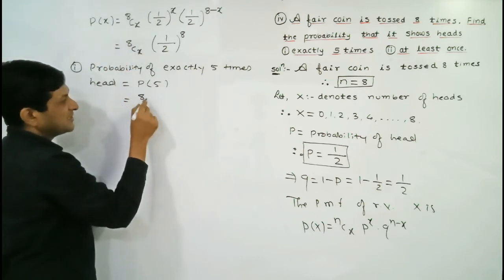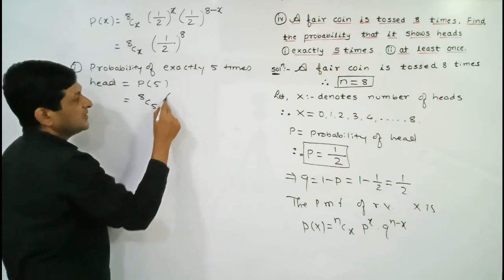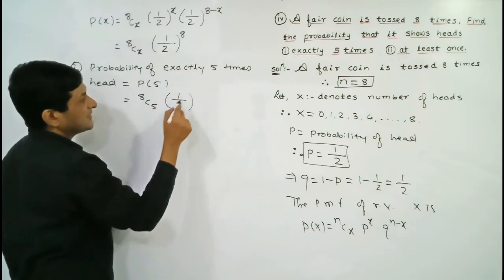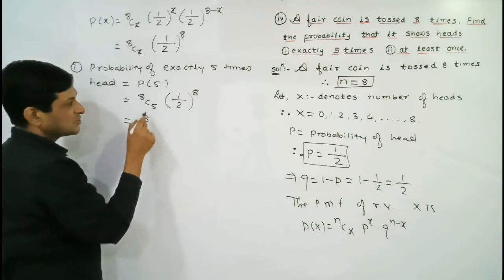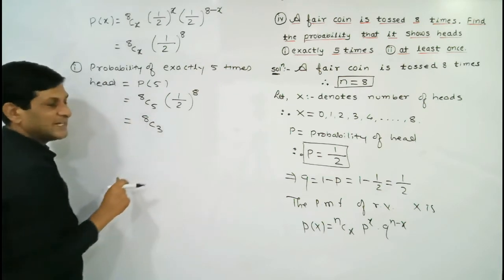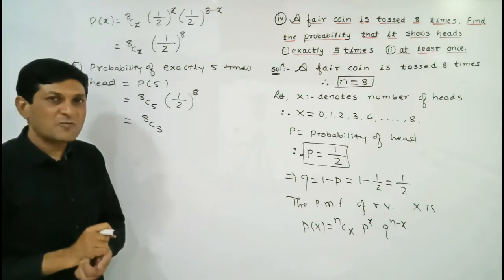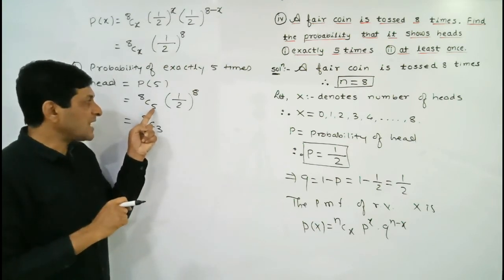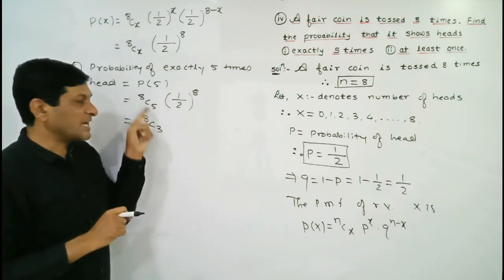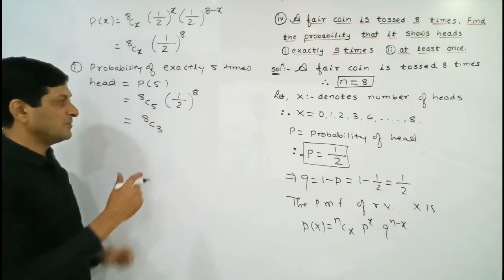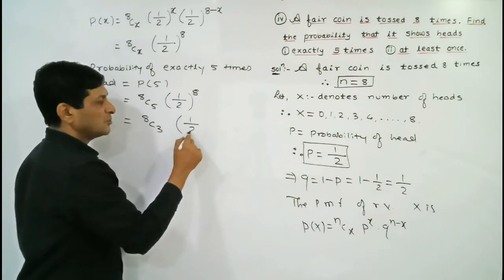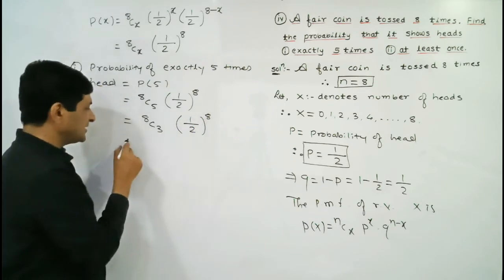See what we'll get here, 8C5 into 1/2 raised to power 8. So it will be equals to 8C5. 8C5 can be replaced by 8C3, because according to our formula of combination, this r can be replaced by n minus r. Just for simplicity, 5 can be replaced by 8 minus 5, which is 3. Here 1/2 raised to power 8, keep it as it is.